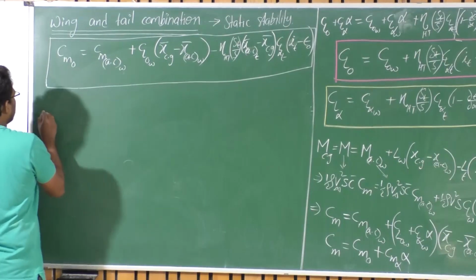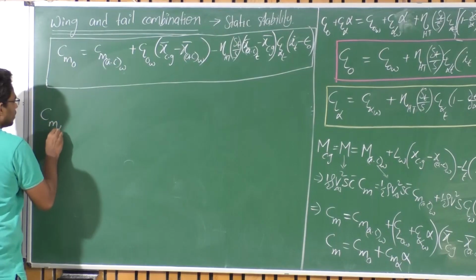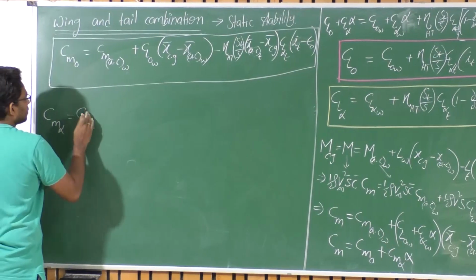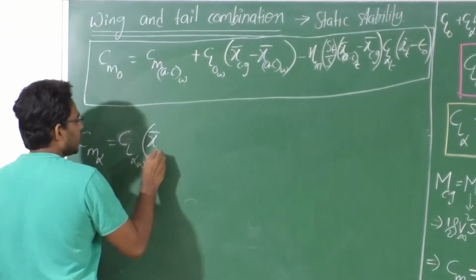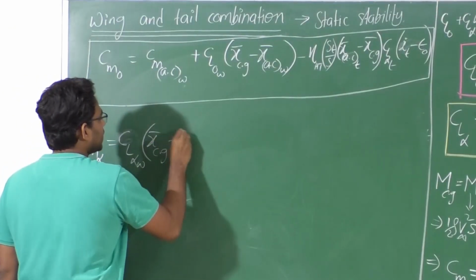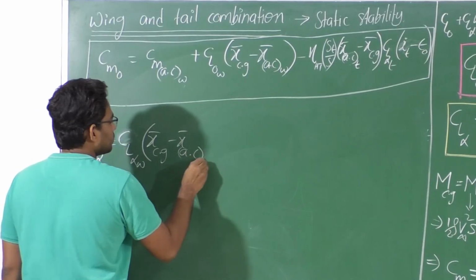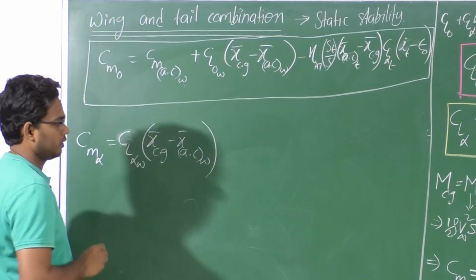Right? So this is Cm naught, whereas Cm alpha of the entire aircraft is from CL alpha of wing multiplied by x bar CG minus x bar AC of wing, right?